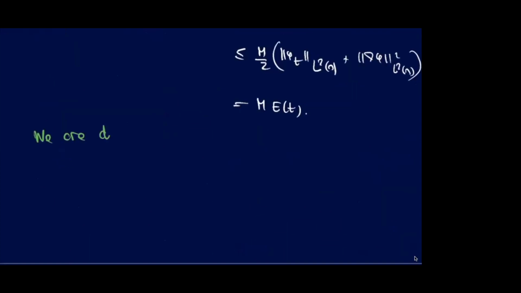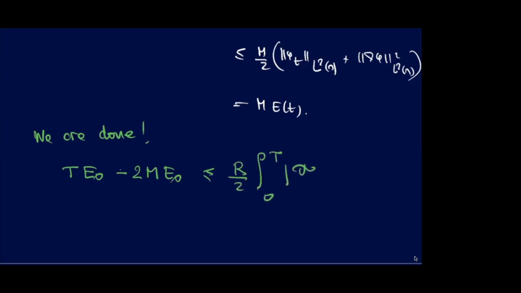We are very happy that we are done because we got that T times the initial energy minus 2m times the initial energy is less than R over 2, the integral from 0 to T of the normal derivative of phi squared, d sigma dt.